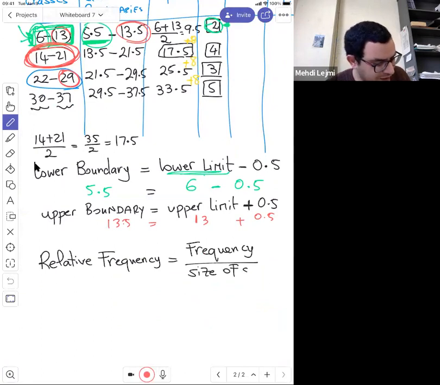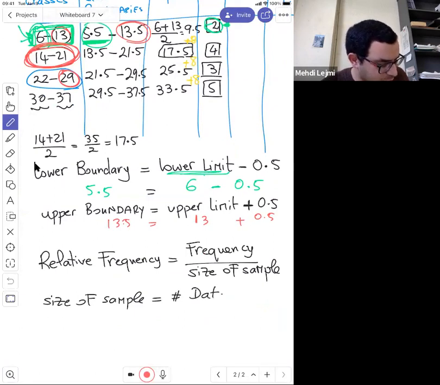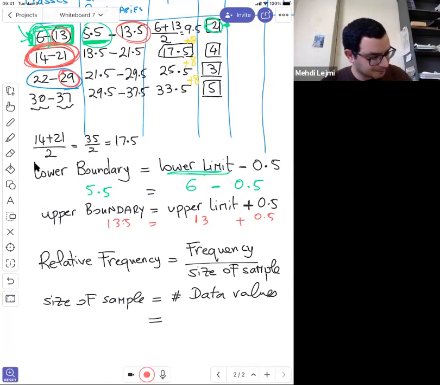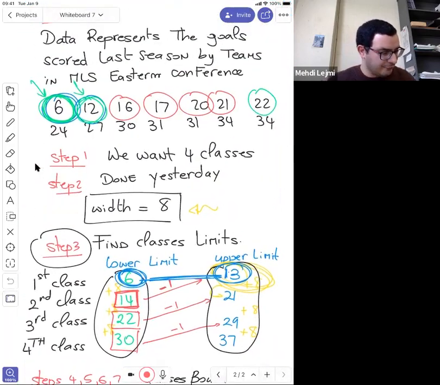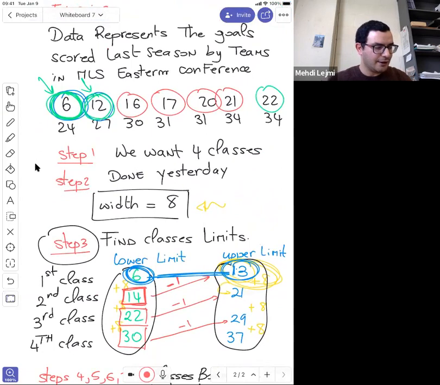What do I mean by the size of the sample? The size of the sample is the number of data values we have. How many numbers we have, right? In this example, we have 14 numbers, 14 teams in this M&S system conference. So we need to divide by 14.